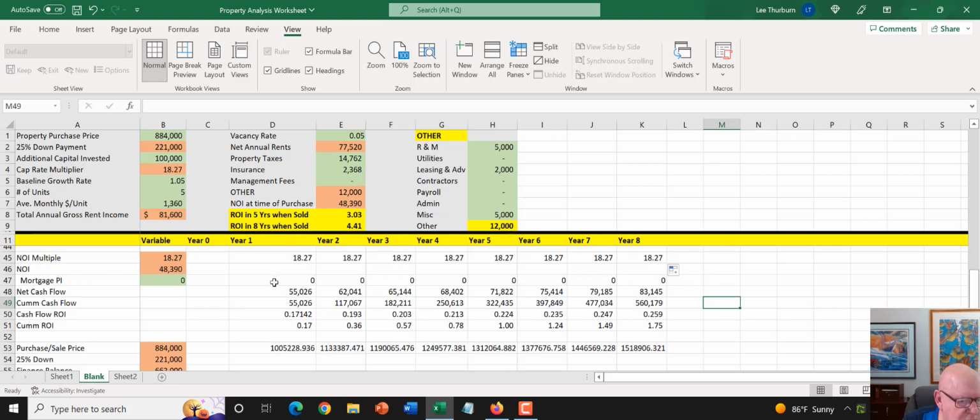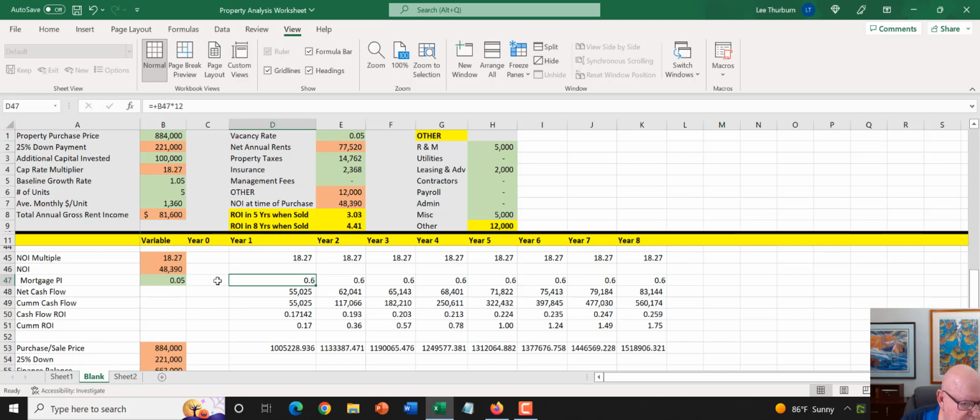Now, what we're analyzing here, we have to go get some data from some other sources because we don't have a mortgage interest rate. Let's go ahead and put in a mortgage interest rate of 5%. So it'll be 0.05. Okay, so what we're doing is looking at the mortgage on an annual basis times 12.